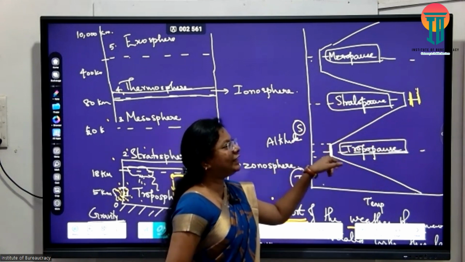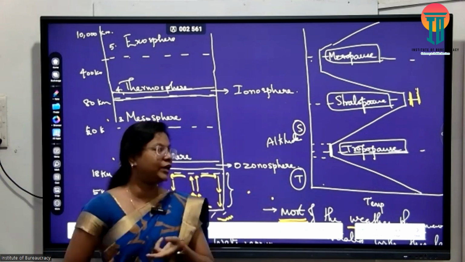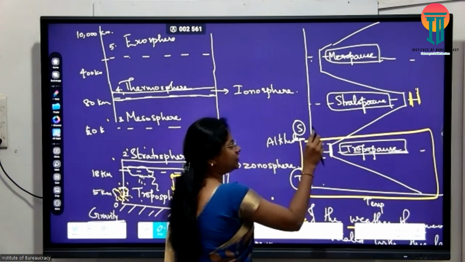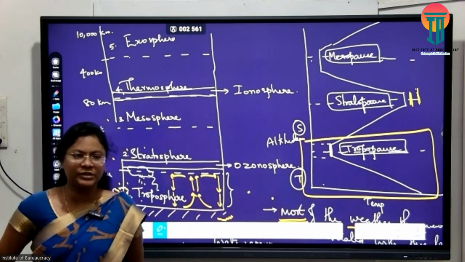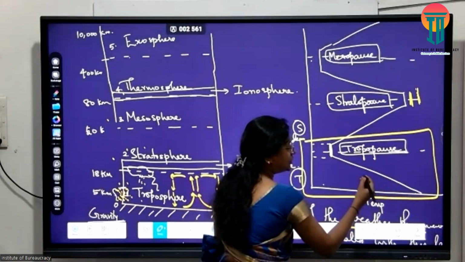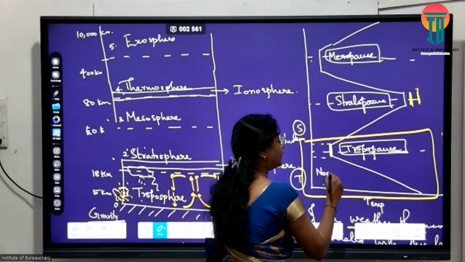Alternative decrease and increase of temperature happens with the alternative layers of atmosphere. So most important layer enna? Thirumba tropospherical layers, because all weather phenomena are associated with it. So here the decrease in temperature with the increasing altitude is known as normal lapse rate.